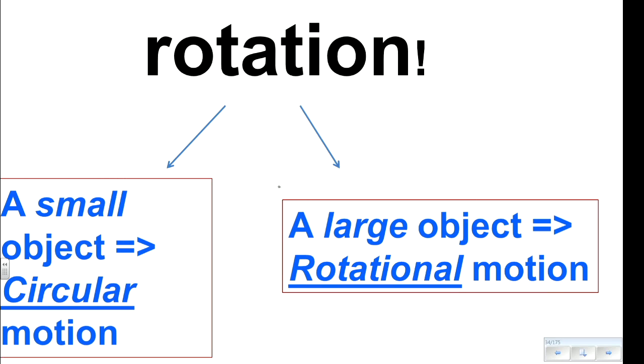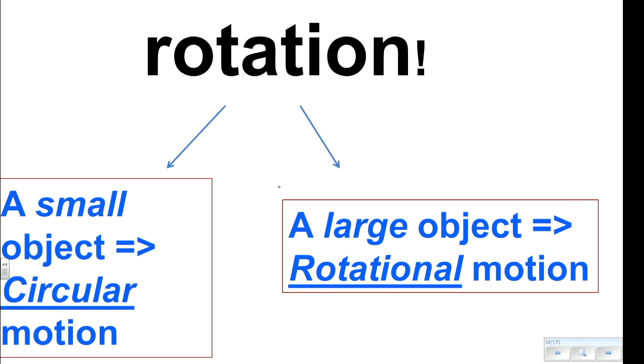However, if we have a large solid object like this turntable, all individual parts of this turntable make circular motion. This spot, this. If I make this table move about its axis, they all make circular motion.